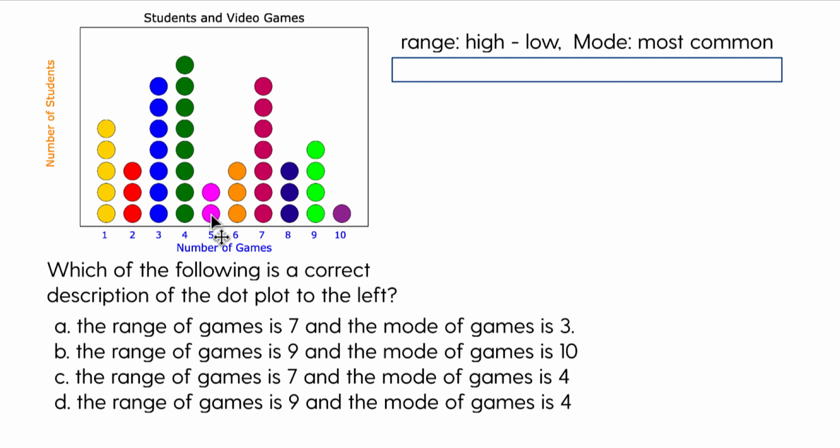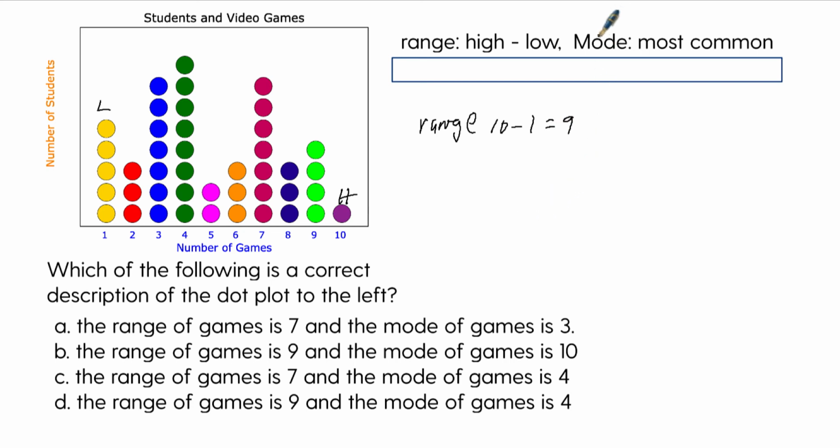But what we want is who has the lowest number of games. And we have 5 people who have 1 game. So the lowest number of games that anyone has in this data set is 1, and there's 5 of them that have 1. So for the range, what we want then is essentially, here's our high, let's put an H there, and here's our low. So it's going to be 10 minus 1, which is 9.